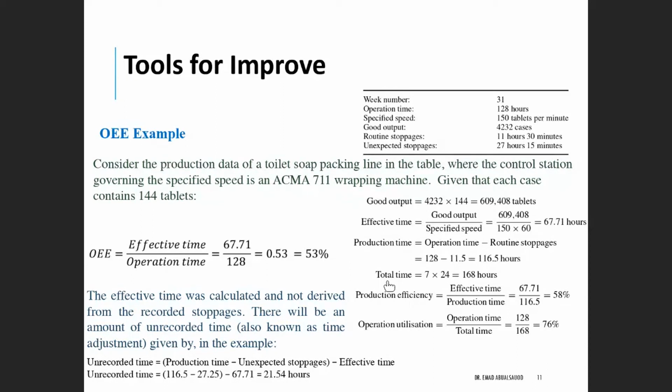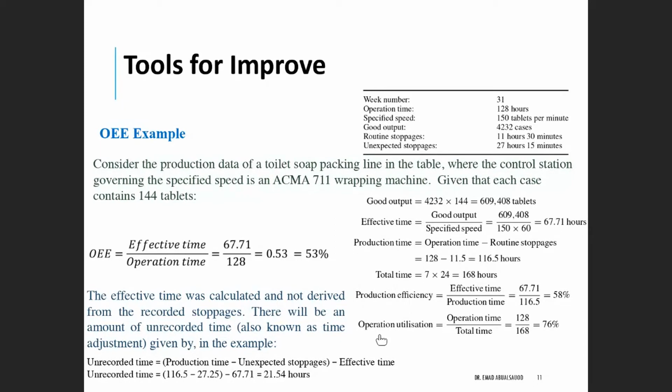These instructions will usually be in the questions. You are not going to have to figure it out, because it has to be given. Here the example was a production and packing line for industries, and usually those work 24/7. That's why it was calculated in this manner.